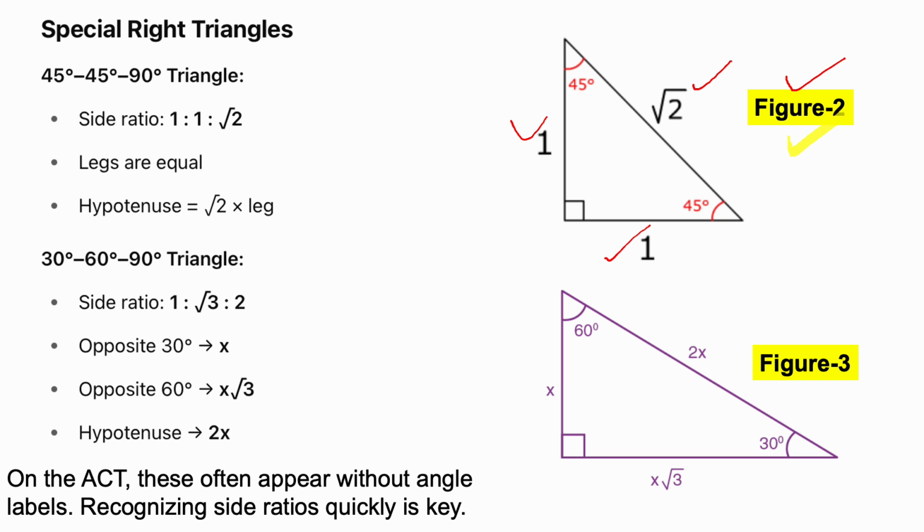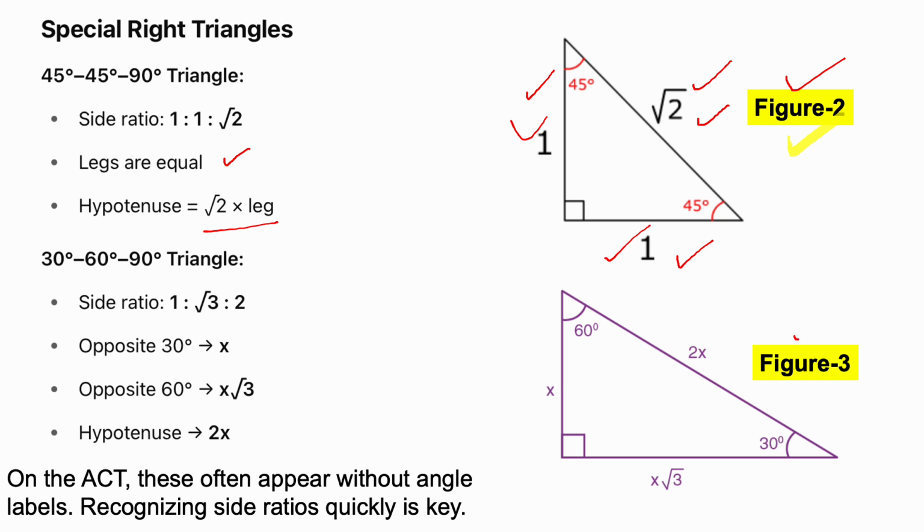The second important observation is that the legs are equal, these two legs are equal, and the hypotenuse is root 2 times the leg.